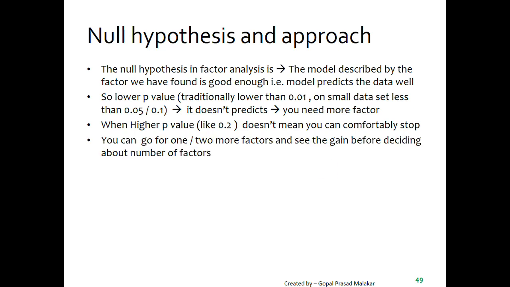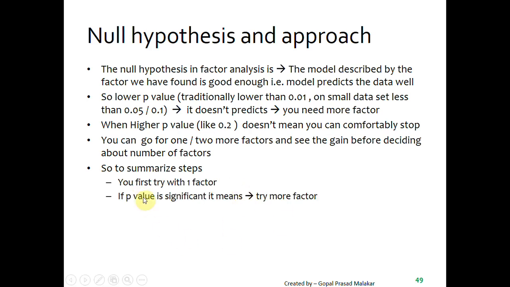So if I summarize, this is how the steps will go. You first try with one factor. If the p-value is significant, meaning it is quite small, try more factors.